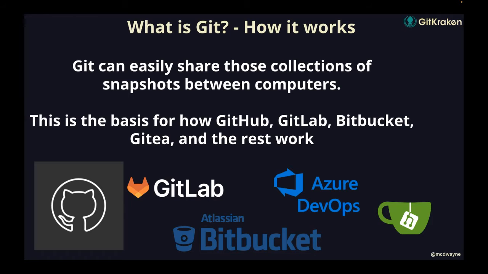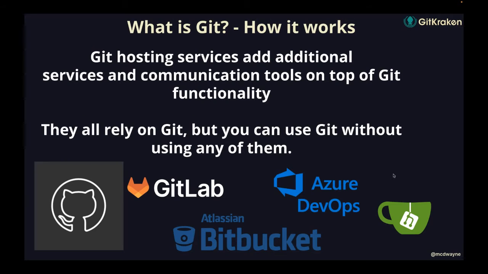Entire services sprung up around this idea. GitHub was first, followed by GitLab, Bitbucket, Azure DevOps. Current tools like these all rely on Git to do what they do. All of these services, of course, build additional functionality on top of the back of Git.